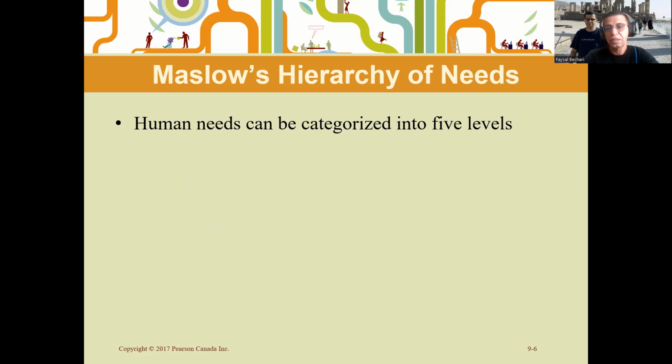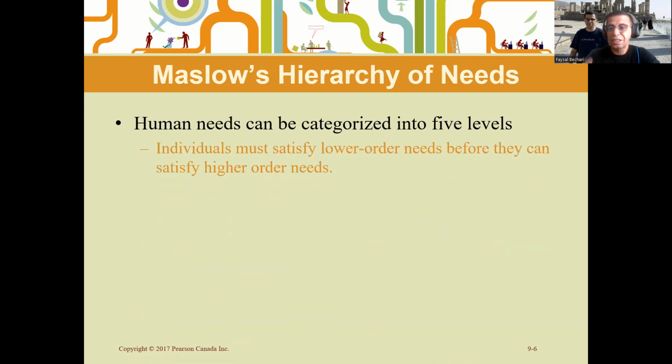Now, Maslow is pretty much in use in psychology. Human needs can be categorized into five levels. That's how Maslow sees it. An individual must satisfy the lower order needs before they can satisfy the higher order needs. A satisfied need will no longer motivate.